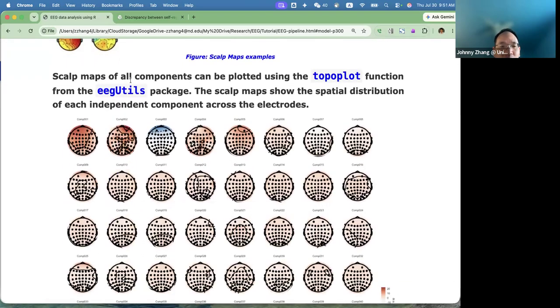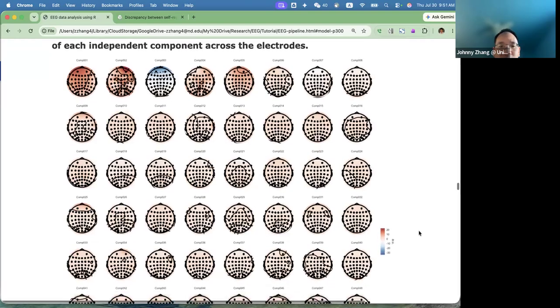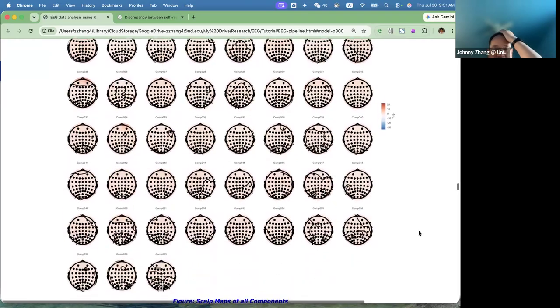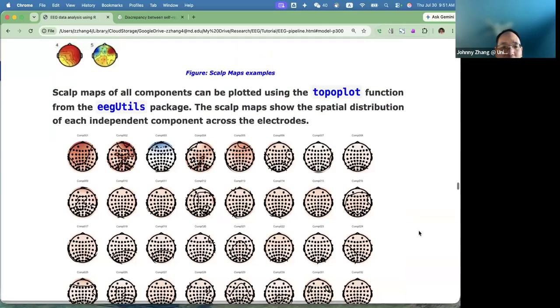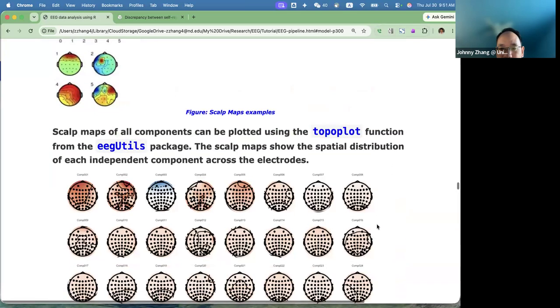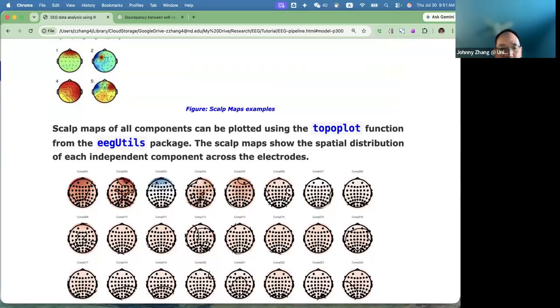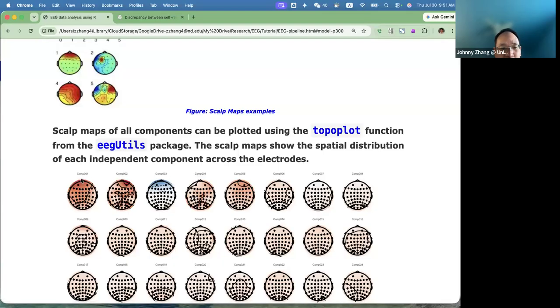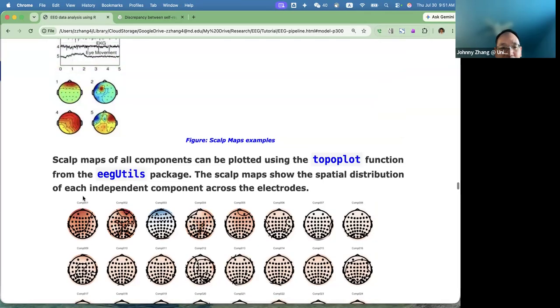Here are the scalp maps of all components; 59 components are generated. Then you can look over each of those components to identify potential issues. For example, some of these components seem similar to this one, and may show some eye blink or eye movement.